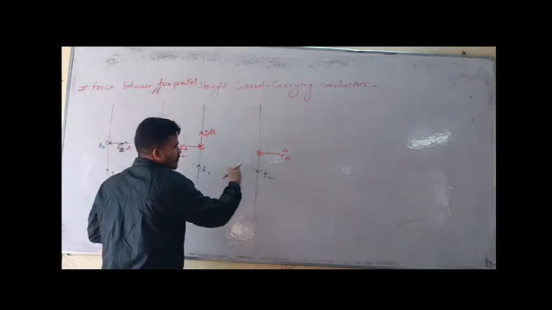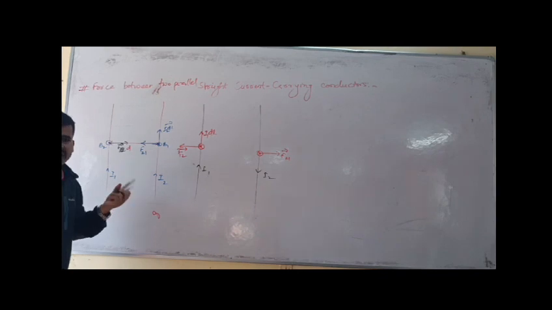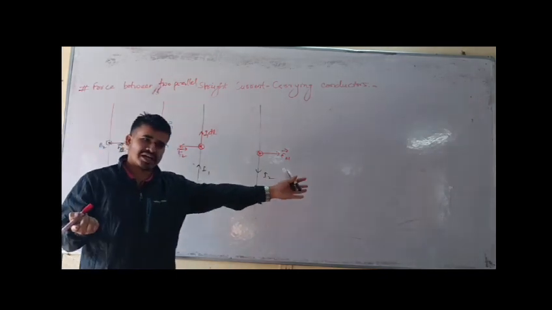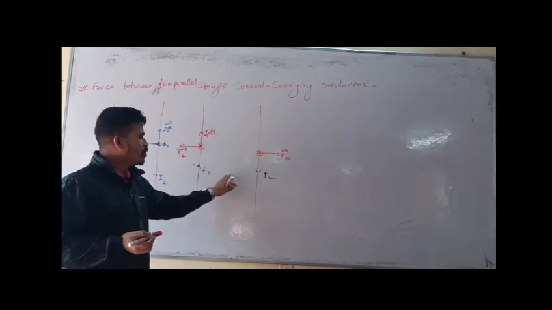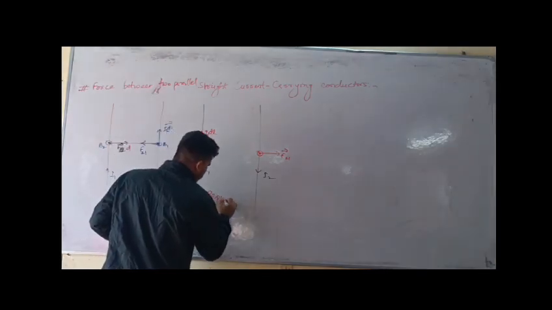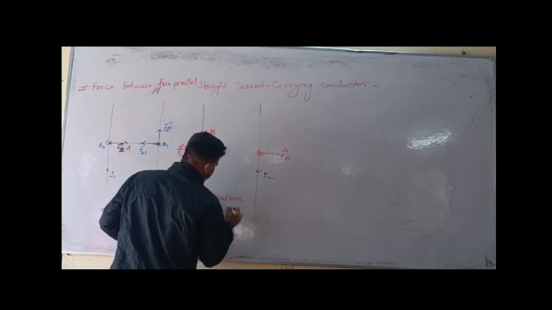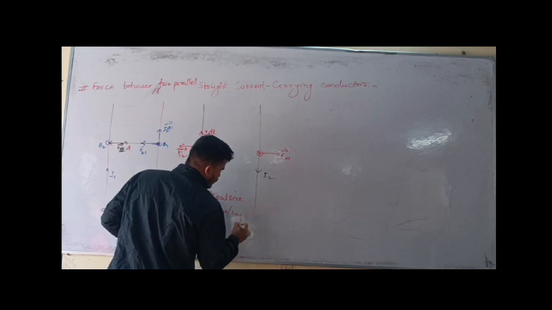Repulsive or attractive? The magnitude will be the same, as per the derivation we have done, but it is repulsive. When both currents are in opposite directions, it is a repulsive force per unit length.